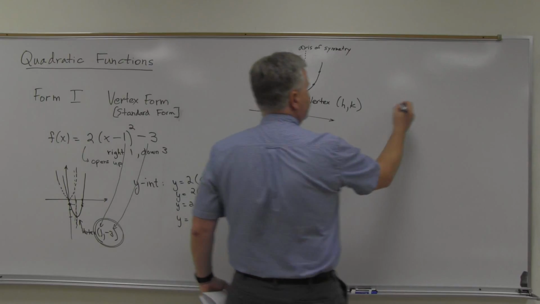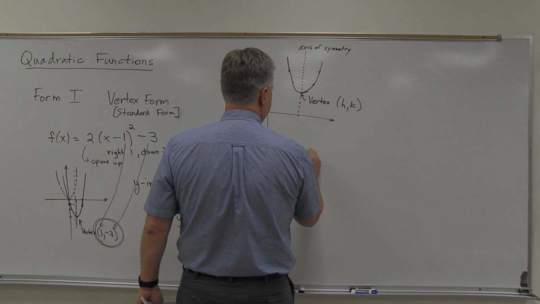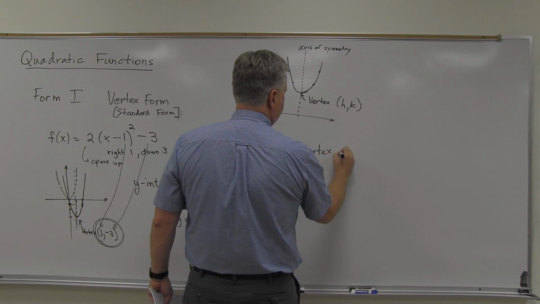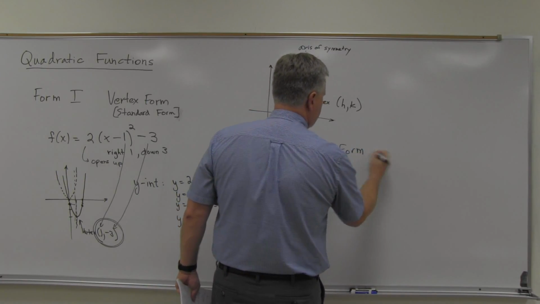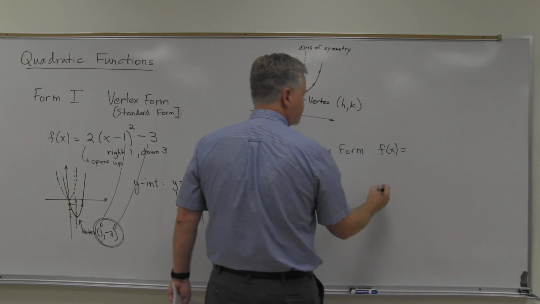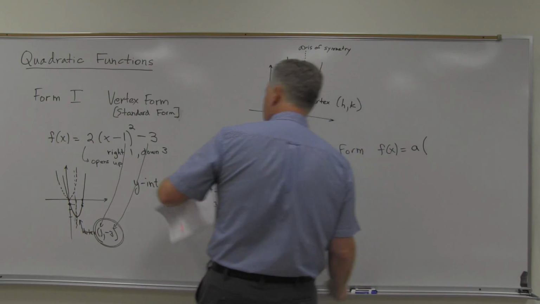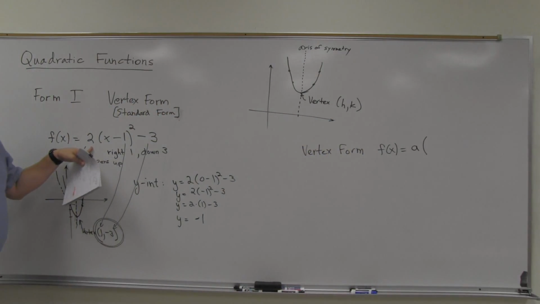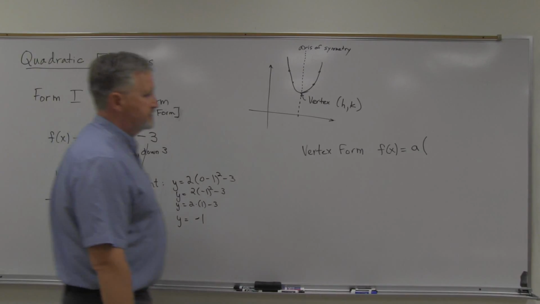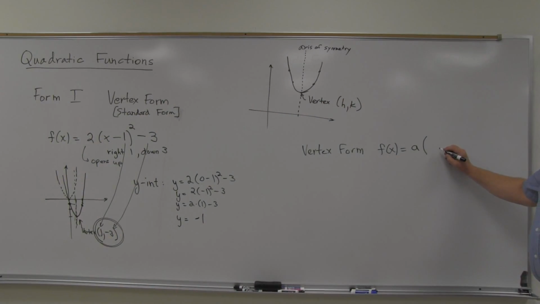Here's the general form of vertex form. f of x equals a times the quantity x minus h squared plus k. Like I said, we call the number in the front a. In this case it was 2. We'll see that number pop up several times.